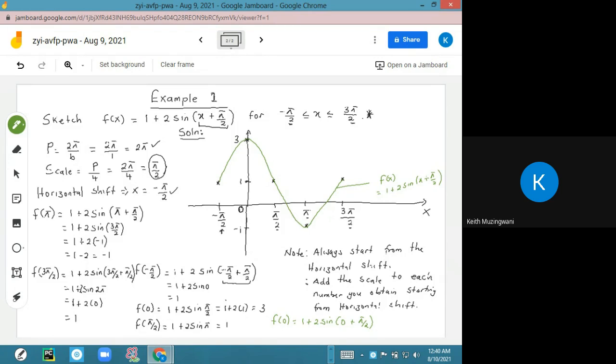What is 0 plus 90? It is 90. What is sine 90? Sine 90 is 1. So we have 1 plus 2 multiplied by 1, which is just equal to 3. Okay, thank you, sir. And that's how you obtain all the points.